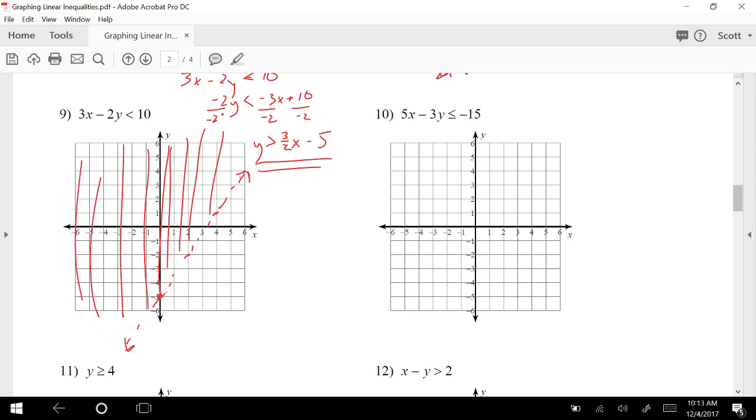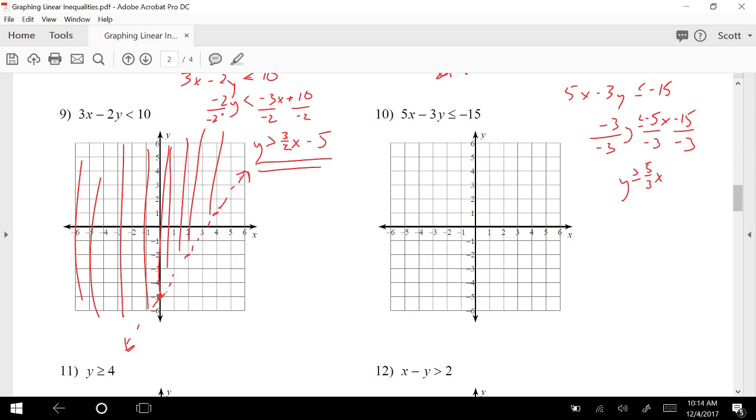We have to do the same thing with number 10. We start with 5x minus 3y is less than or equal to negative 15. Move the 5x over, make it negative. Divide by negative 3. Y, and then that sign flips around. Flip that thing. Negative 5 divided by negative 3 is 5/3.